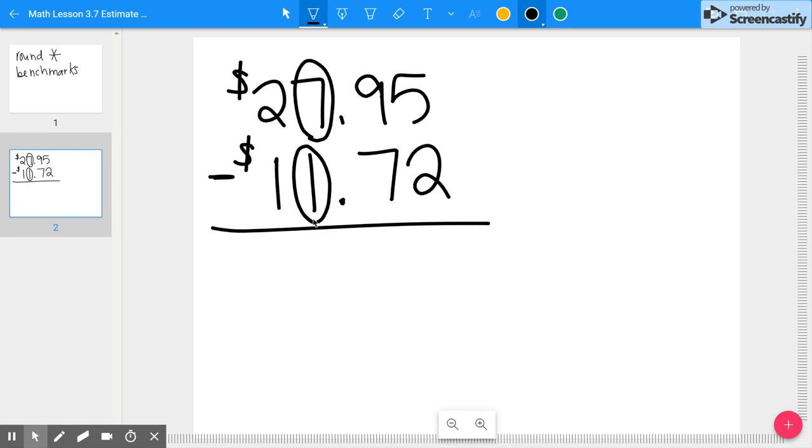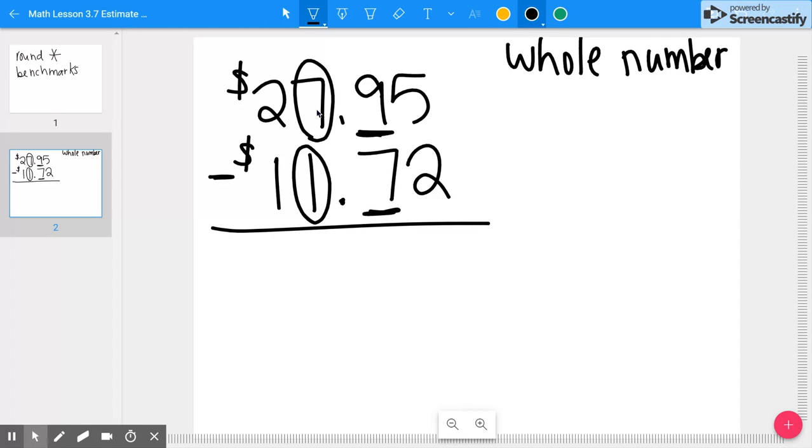So I'm going to circle, when my directions say the nearest whole number, the number that's in the ones place value. And I'm going to underline the number to the right of it, which is going to tell me what's going to happen to the number that's circled. So remember my rule.